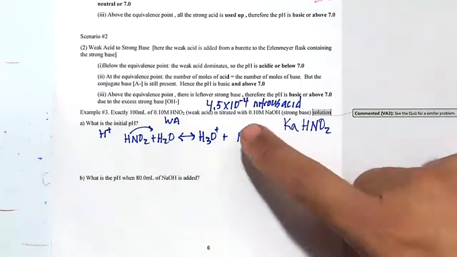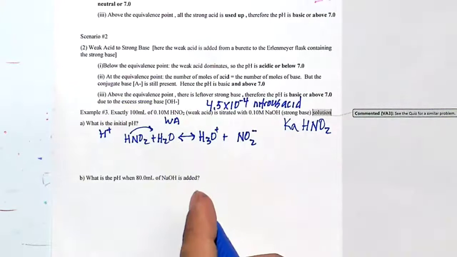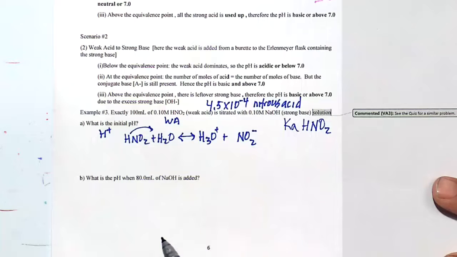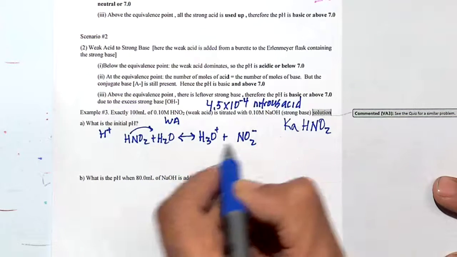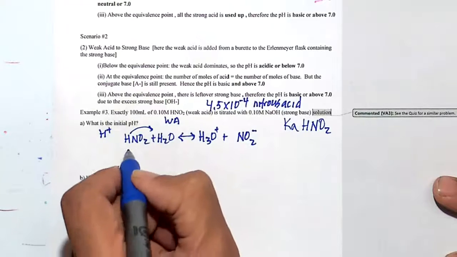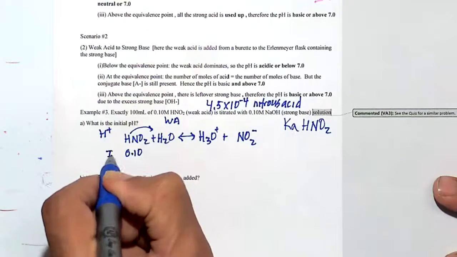Hopefully by next lecture I'll be prepared with Ka values, but he got me there. Lifeline came through. All right, so the Ka here is 4.5 times 10 to the minus 4. We have 0.10 molar.